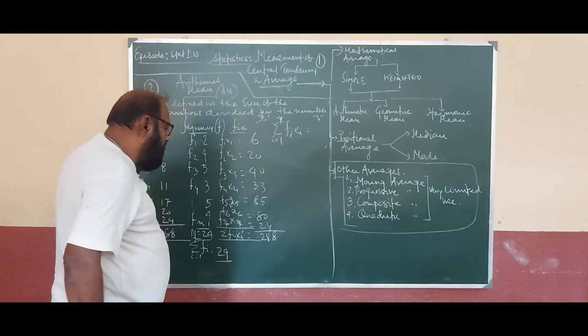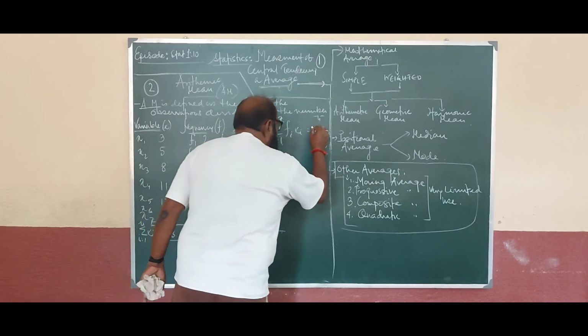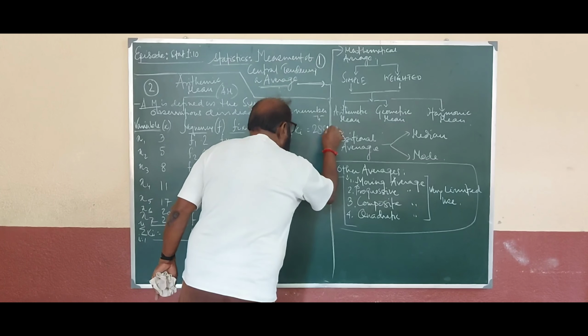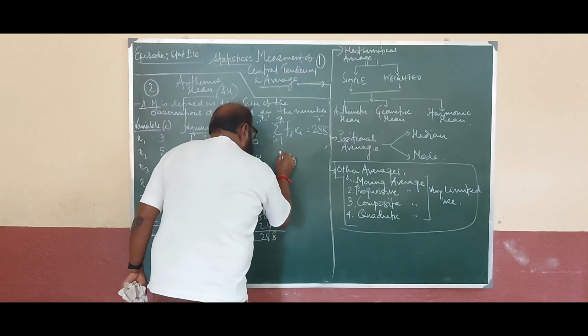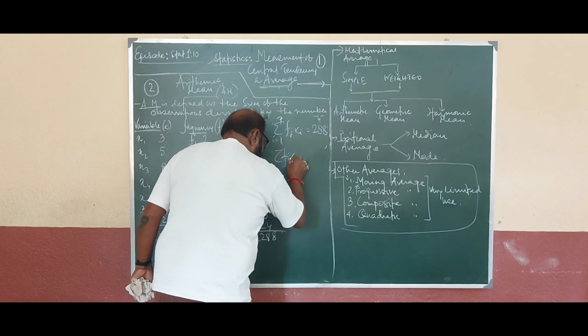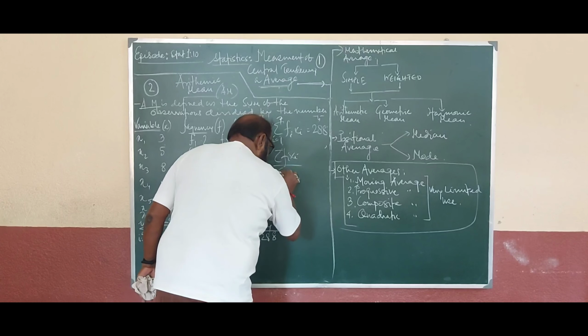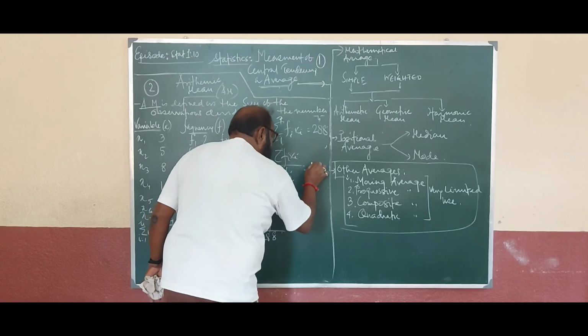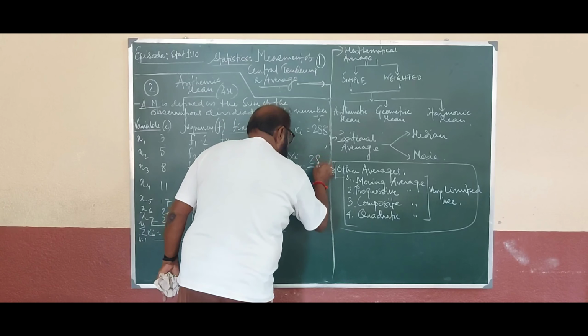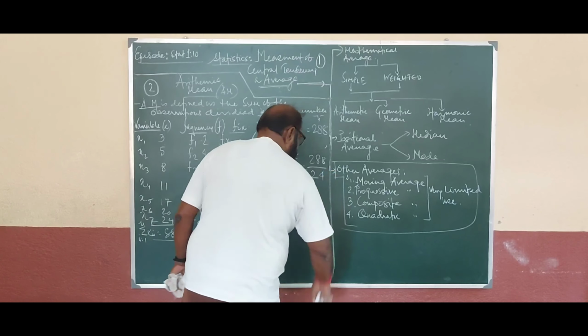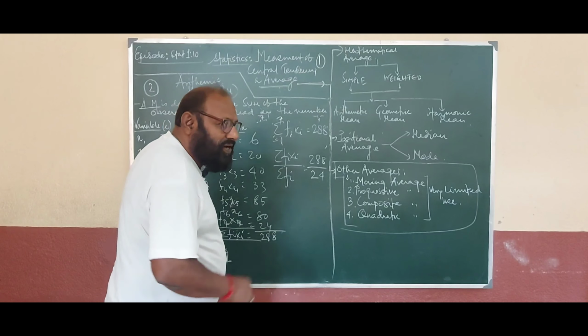What is the total? It is 288. Now how would I get the arithmetic mean? Summation fi xi divided by summation fi. Summation fi xi is 288 and summation fi is how much? It is 24. Clear? So what is the value?